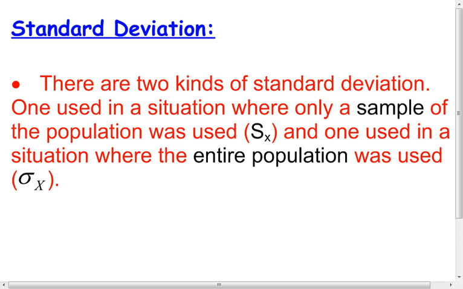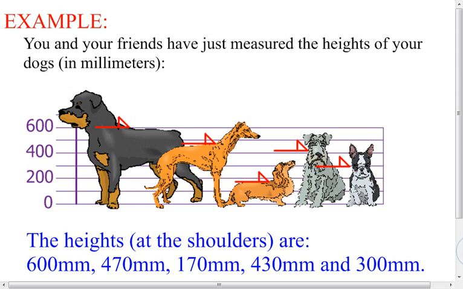When you only use a subgroup of the population, you're going to use the Sx for standard deviation. And when you use the entire population in a data set or a situation, then you're going to use the population standard deviation, which is indicated by this symbol right here. That's the only difference. The Sx is when you used a sample in your data set, and the population is when you use the whole entire population.